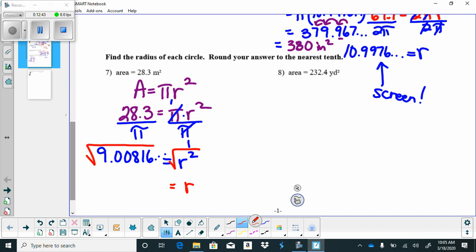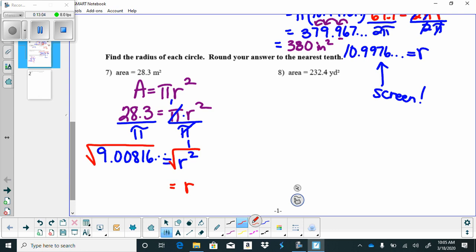Whenever we took the square root of both sides, we get a positive and a negative. Remember, plus or minus? But in this case, since we're talking about measurement, there's no reason to think about the negative answer because you can't have a negative radius. You can't measure a negative length. So you're only worried about the positive one.